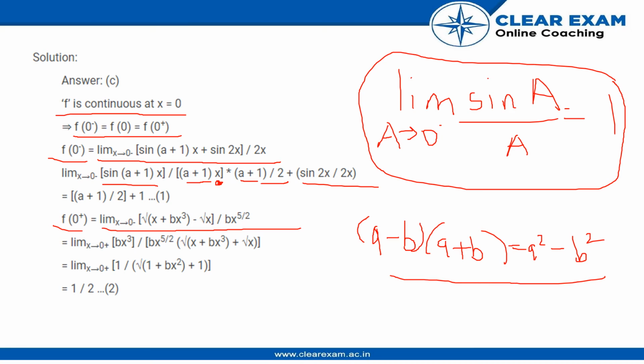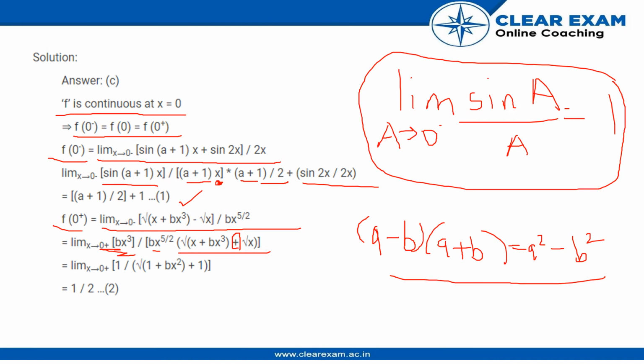Using this for the numerator, we get (x + bx^3) minus x, upon bx^(5/2) times (root of (x + bx^3) plus root of x). As you can see, the sign has changed, and once you simplify, the x and x cancel and we get bx cube only.